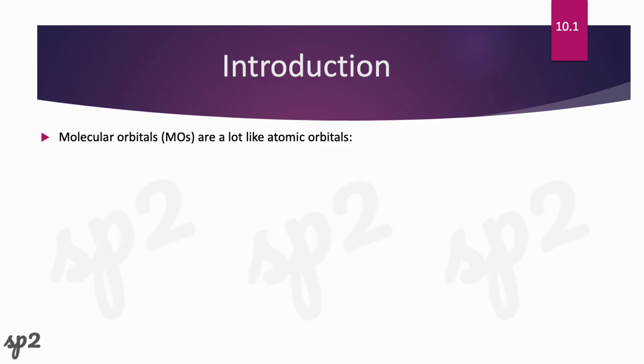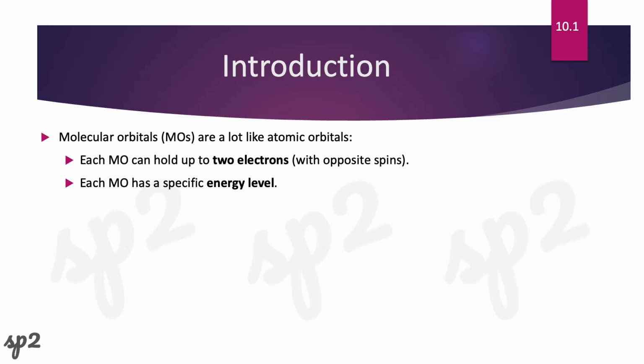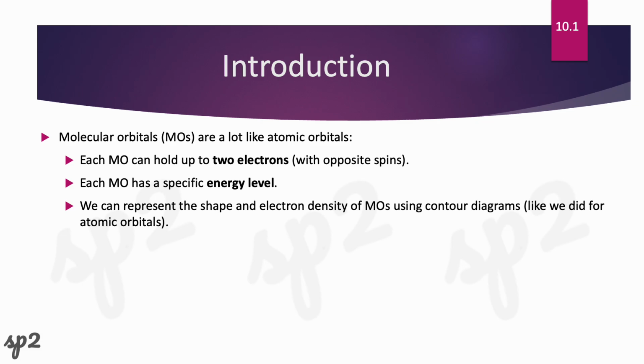For these molecular orbitals, they're a lot like atomic orbitals. Each MO can hold up to 2 electrons, and they should have opposite spins. Each MO has a specific energy level, and we can still use contour diagrams to present the shape and electron densities of all these MOs.